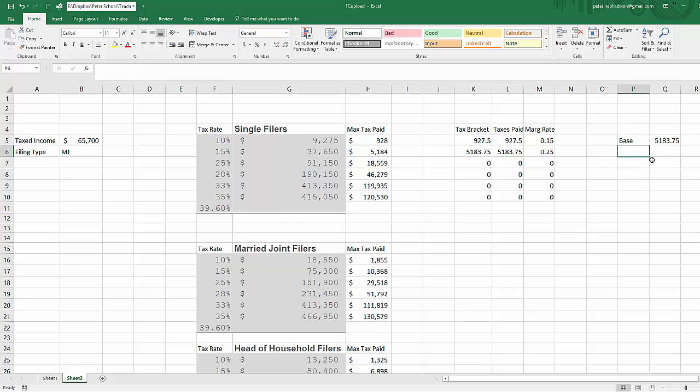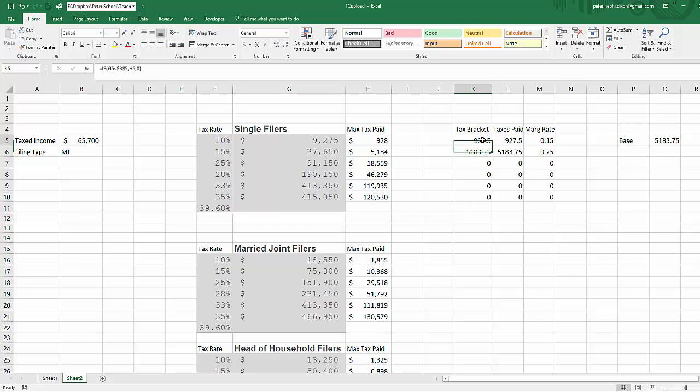So this is our base taxes, so we're going to end up paying $5,183 on the first $37,000 worth of taxes.